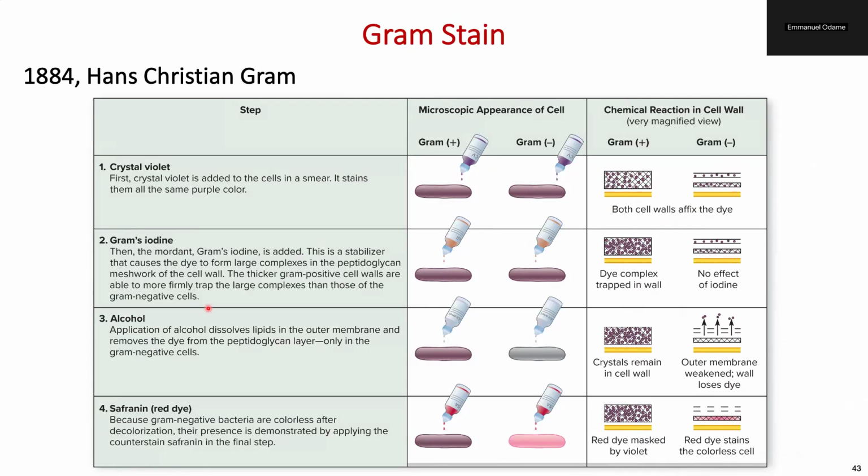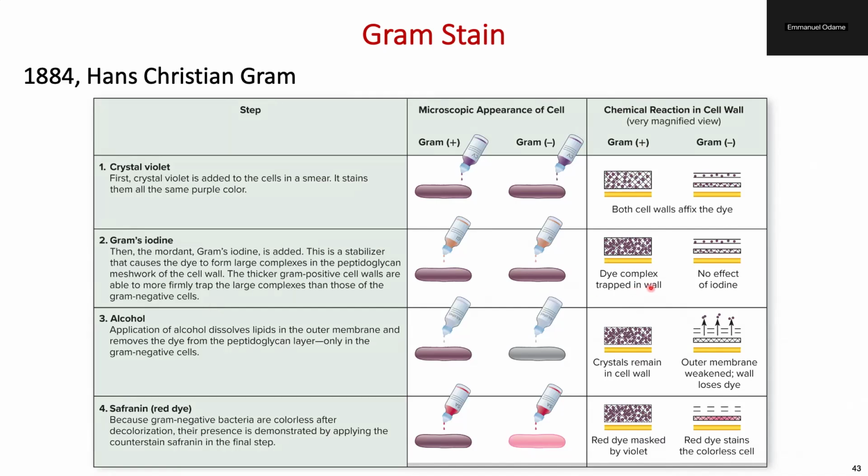It depends on who is pronouncing it. This is just a stabilizer that causes the dye to form larger complexes in the cell wall, and the thicker gram-positive cell walls are able to trap the larger complexes more firmly than the gram-negative.